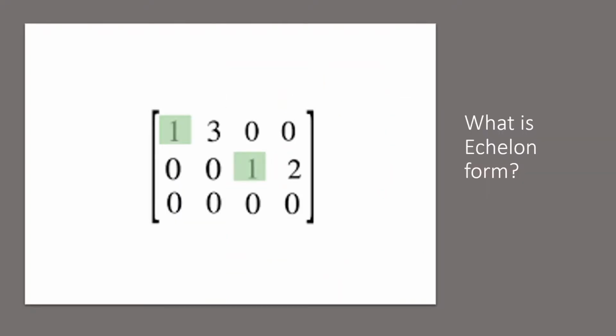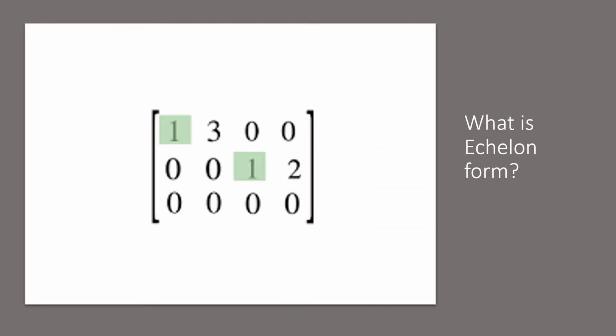So next, we have to determine what the echelon form is. The echelon form is the form in which all the rows consisting of only zeros are at the bottom, as you see, and the leading coefficient or the pivot of a non-zero row is always to the left of the pivot of the row below.